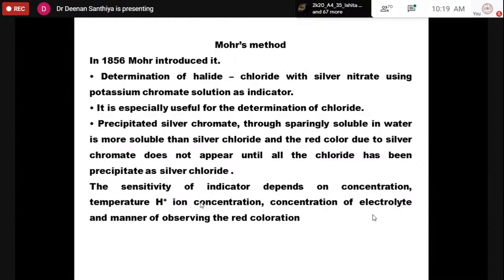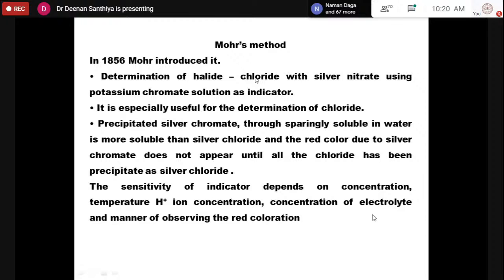Now we are coming to Mohr's method. Mohr's method is for the determination of halide, or chloride. Halide means bromide, chloride, fluoride.